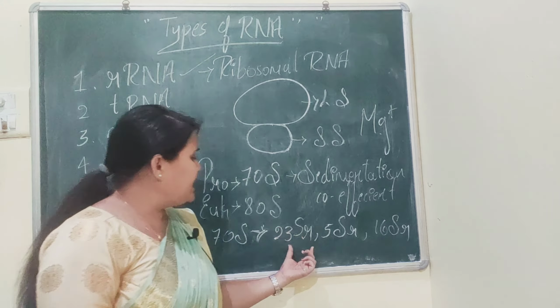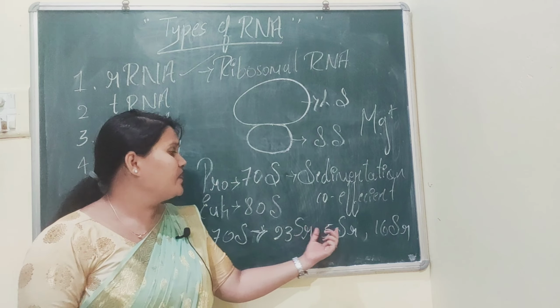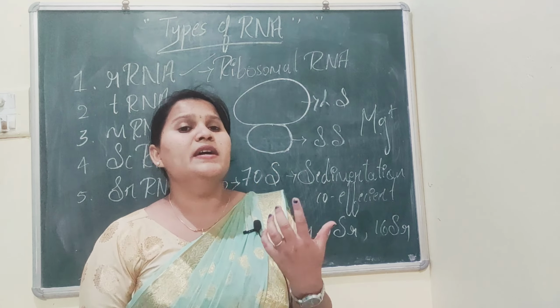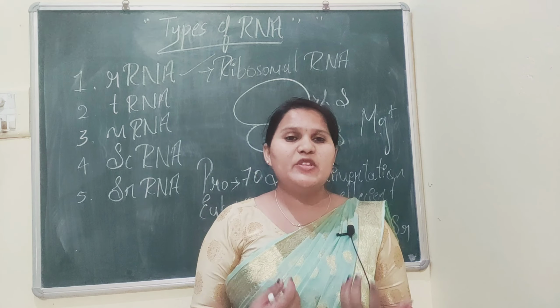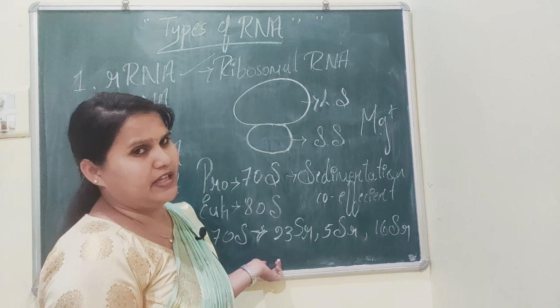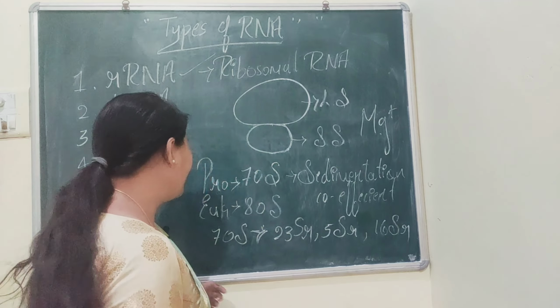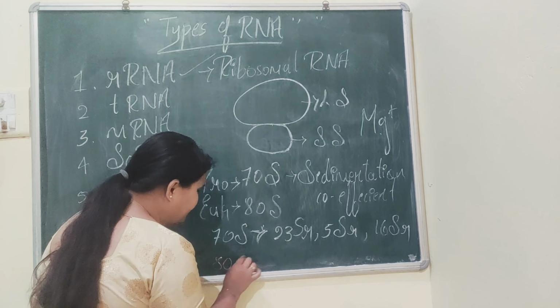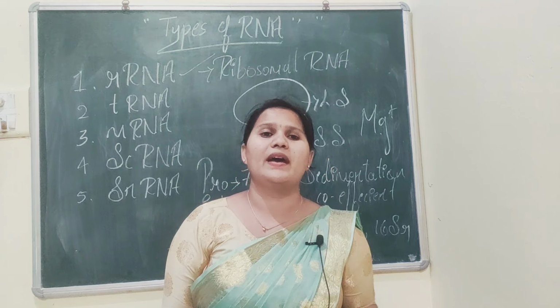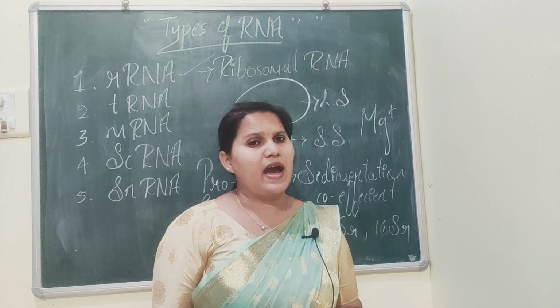Clear? So these 23S rRNA, 5S rRNA and 16S rRNA are the ribosomal RNAs which are observed in the prokaryotic cell, that may be bacteria. And coming to the 80S, that is the eukaryotic cell, we can observe four different kinds of rRNA.